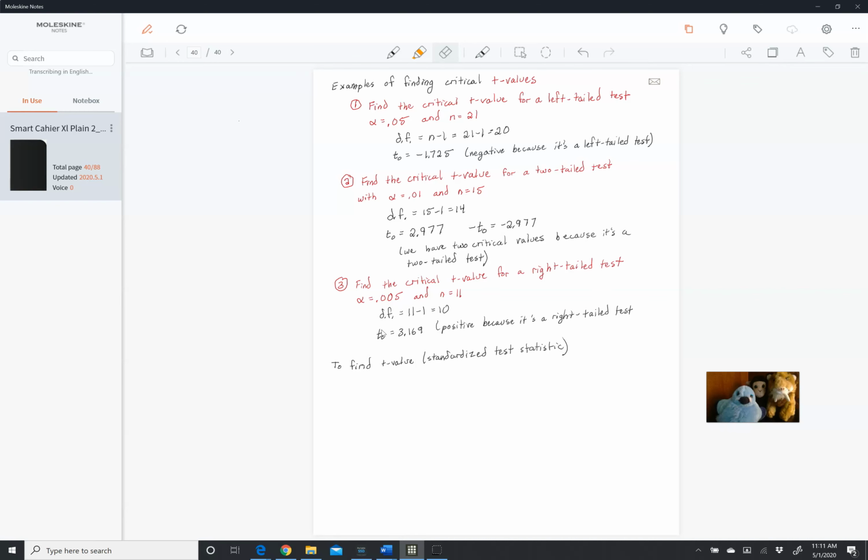It's exactly the way that we found the t-value when we were doing this for confidence intervals. Our t-value is x bar minus mu, and the difference is that instead of using the population standard deviation, we use the sample standard deviation.